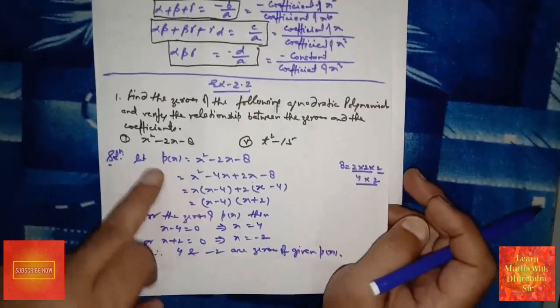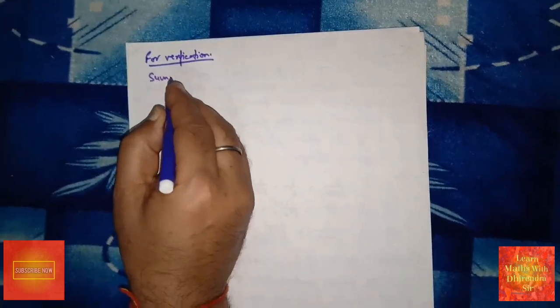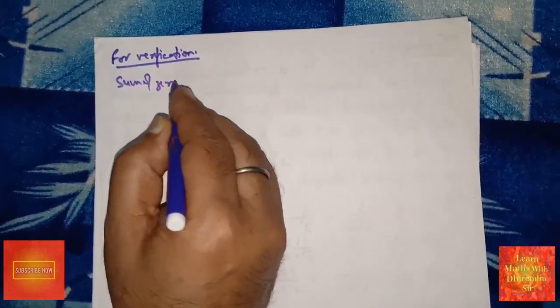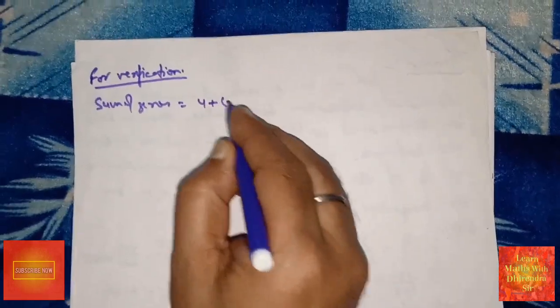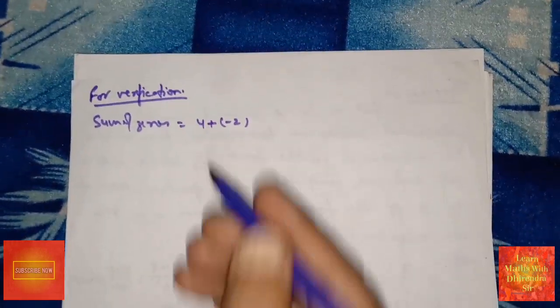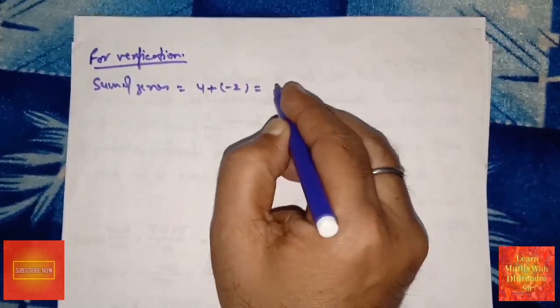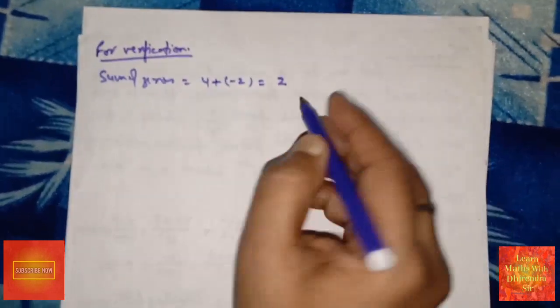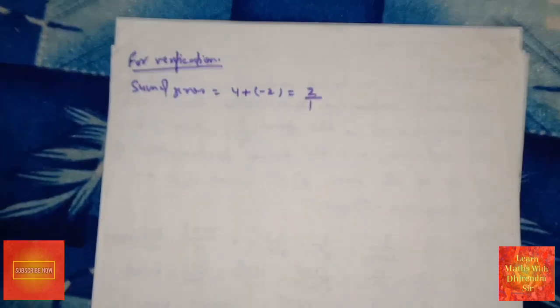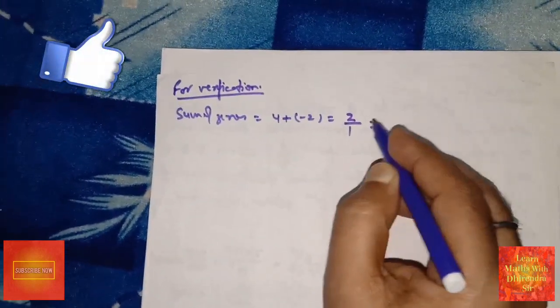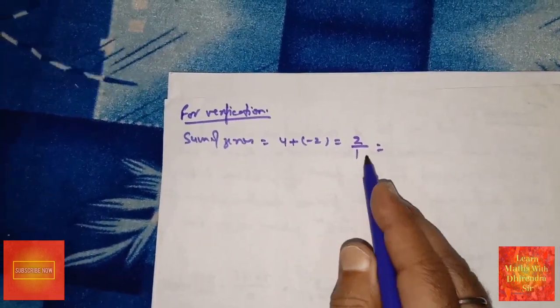For verification, you know very well, here 4 and minus 2 are the zeros of p(x). Then sum of zeros. What is the zeros? 4 plus minus 2, that is 2. 2 means 2 upon 1. So very easy, here is 2 upon 1.